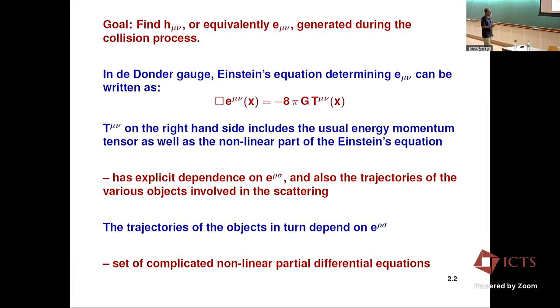But it's deceptive, because all the nonlinearities of Einstein's equation have gone to the right hand side. All that we have done is take the left hand side of the Einstein's equation, identify the linear part, which is this box of E mu nu, and everything else I have put on the right hand side and absorbed into the definition of T mu nu.